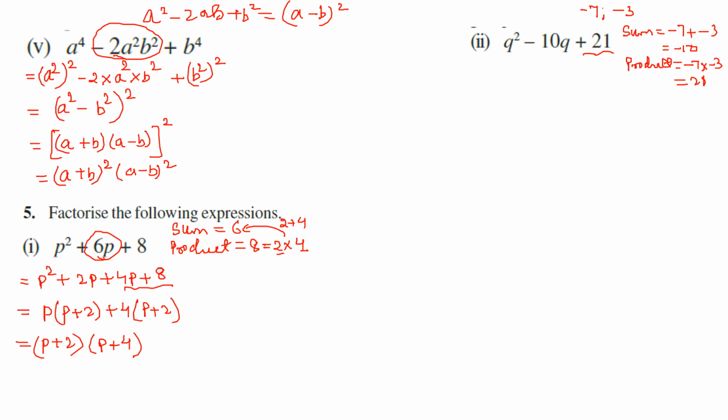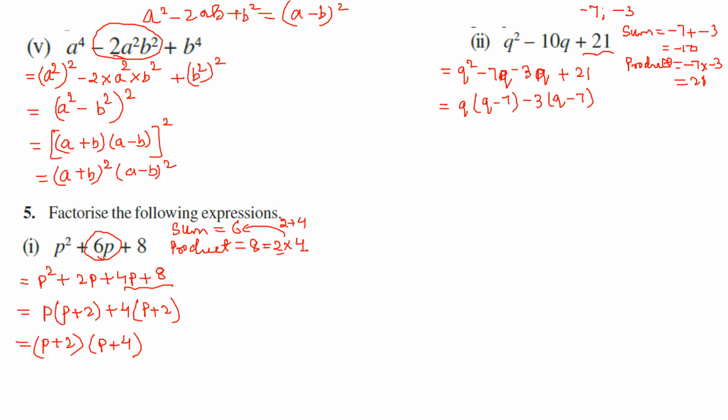So it means I can split it as q square minus 7q minus 3q. Sorry, it is q, not p. So q square minus 7q minus 3q plus 21. Now from the first two terms, I can take q common, so I will be left with q minus 7. Here, if I take minus 3 common, I will be left with again q minus 7.